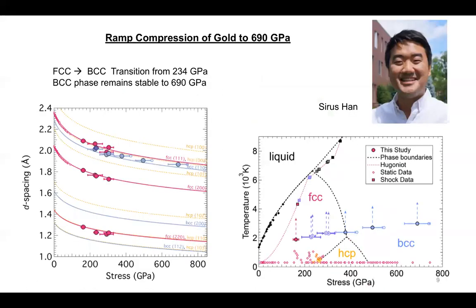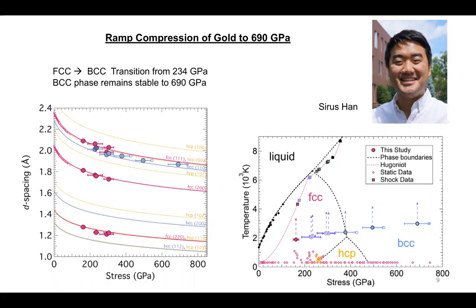So here's one example. This is some work that was done by Cyrus Hahn, a graduate student at Princeton. Materials that are good candidates for this are things that have relatively simple diffraction patterns and high atomic number. Gold is a good candidate for that.